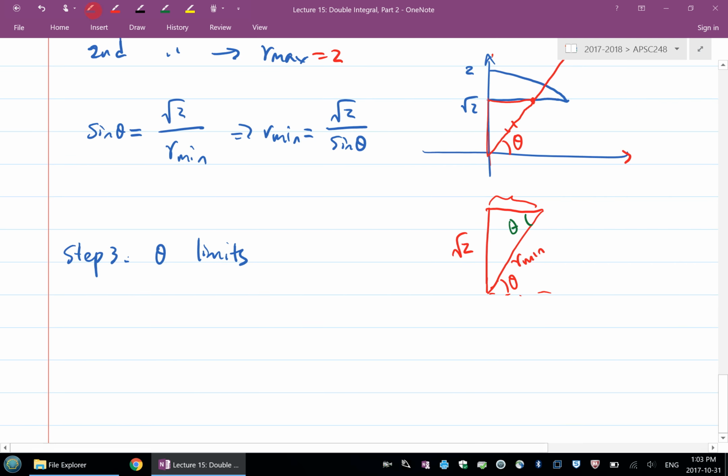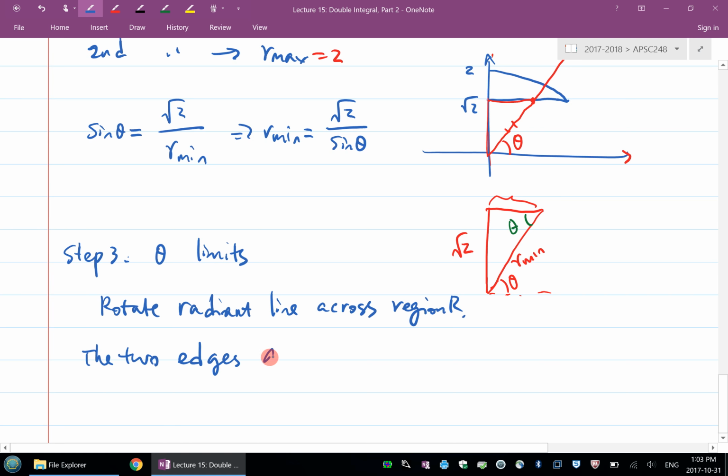So apparently your theta max, I'll write something here: rotate reading line across region R. The two edges will give theta max and theta min. In this case, theta max is pi over 2, and the theta min we'll try to figure out by a little bit of calculation here.